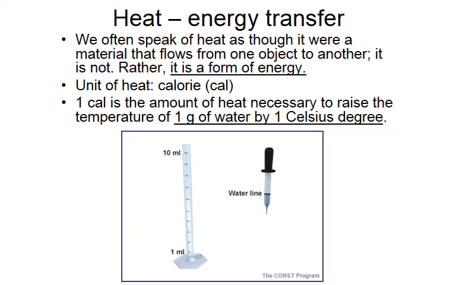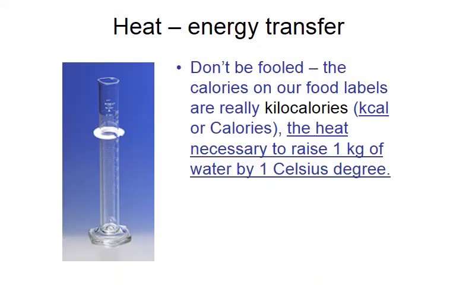The capital C calorie is actually 1,000 lowercase c calories. So that's what you see on your food labels, right? And just so we distinguish that there, for 1 kilogram of water to be raised by 1 degree Celsius, that's 1 kilocalorie or 1 capital C calorie.